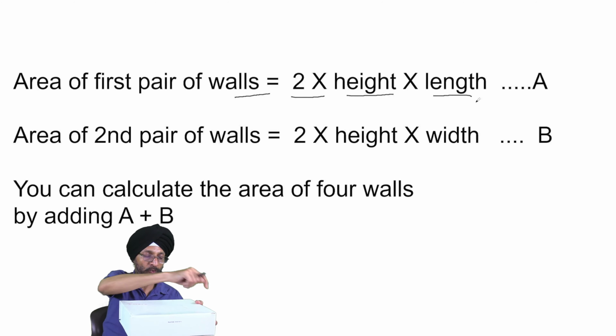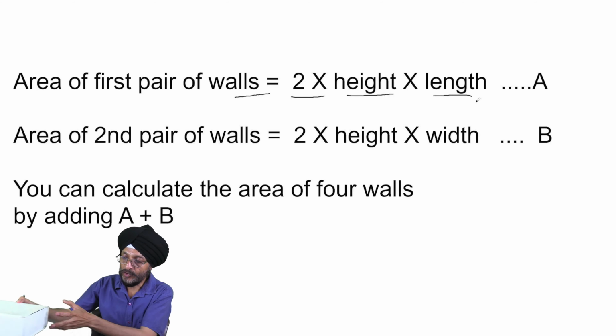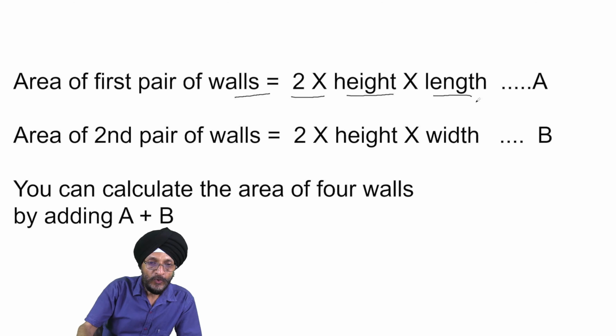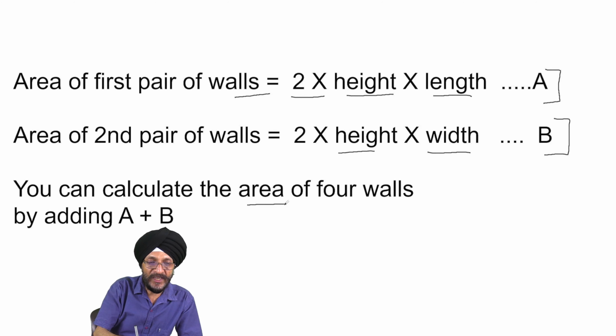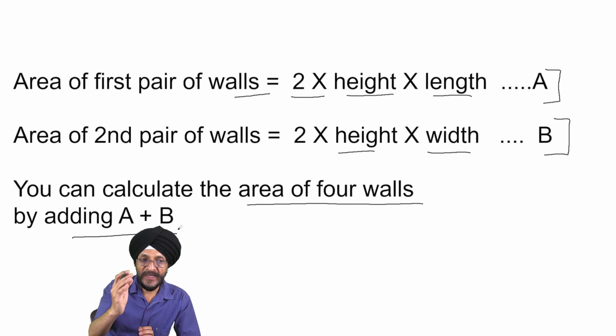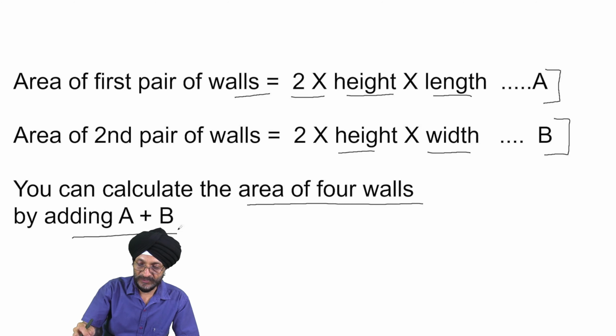These are also two walls, so we will multiply 2 into height into width. So these are the two answers for you, A and B. You can calculate the area of four walls by adding A plus B. A represents the area of the first pair of walls and B represents the area of the second pair of walls.